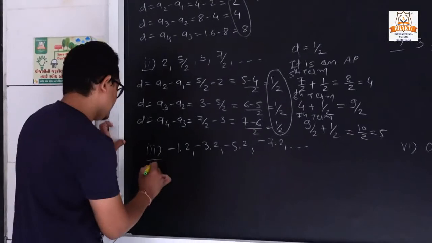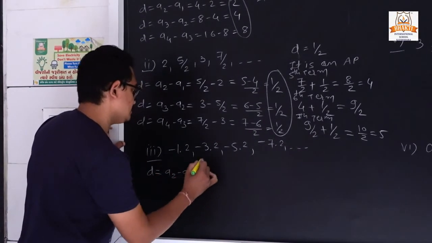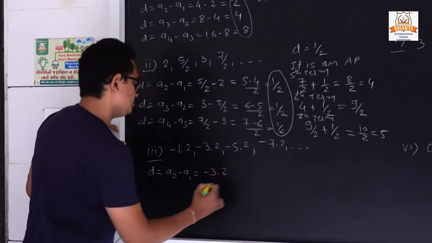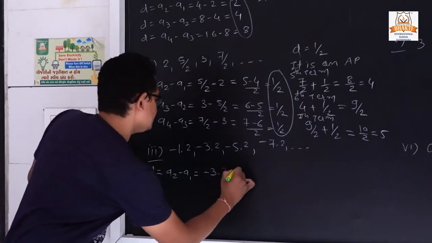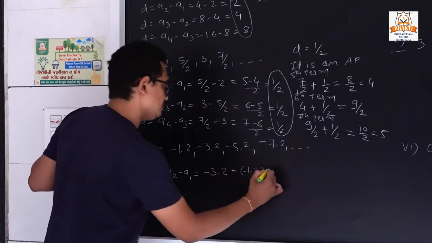First of all we can find the difference. So second minus first. The second is minus 3.2 minus in bracket minus 1.2. So minus minus becomes plus.